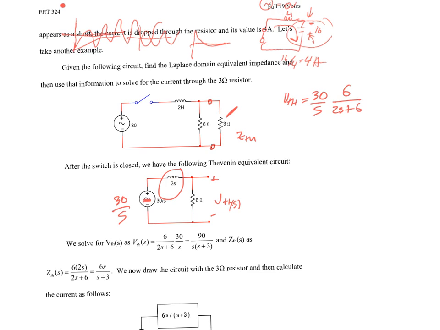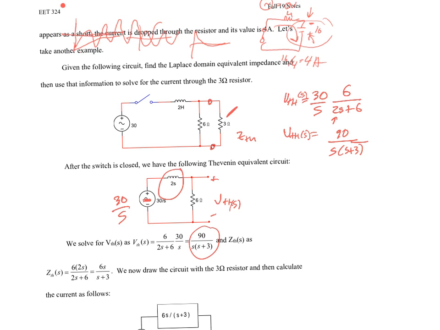And that's our V Thevenin of S. A suggestion is to go ahead and combine and simplify as much as you can, because when you do partial fraction expansion, it's going to make things a little easier. The only thing I can really simplify here is dividing by 2, right? So I'm going to have, let's see, 90 over S times S plus 3 as my V of S. Okay? That's what you get here.